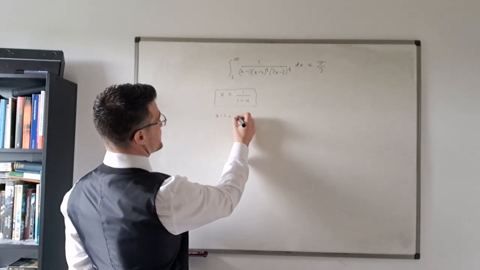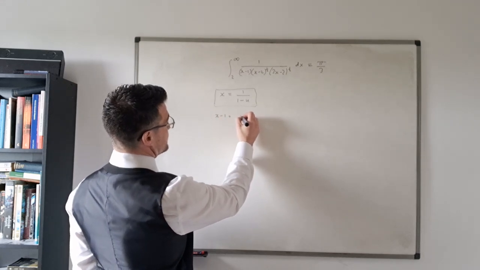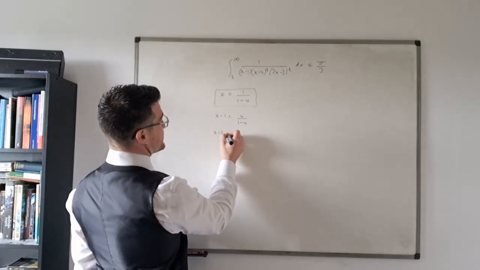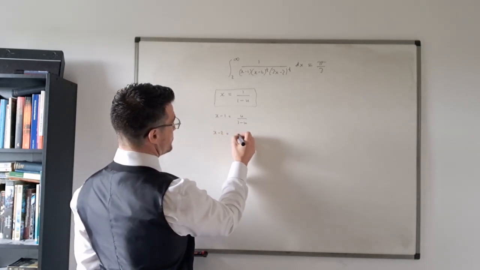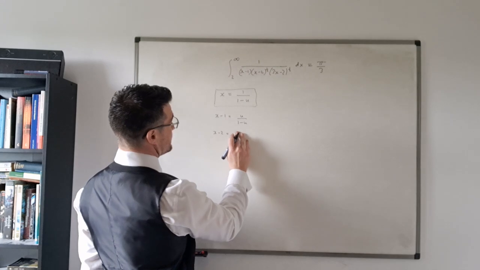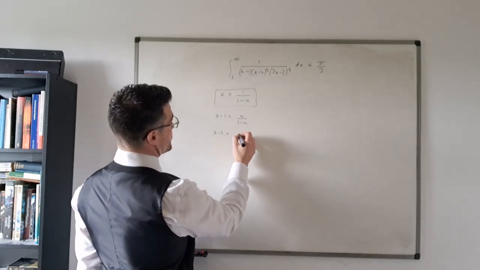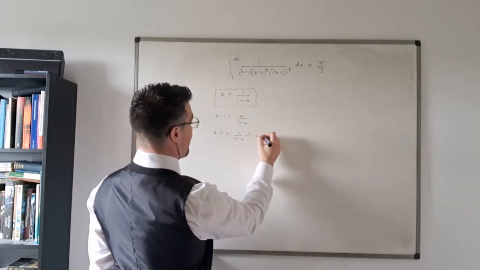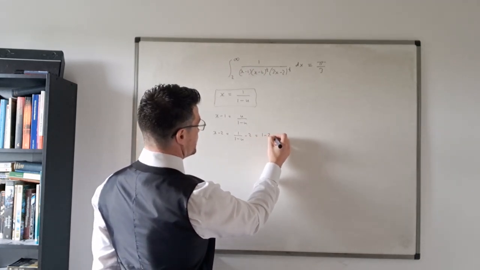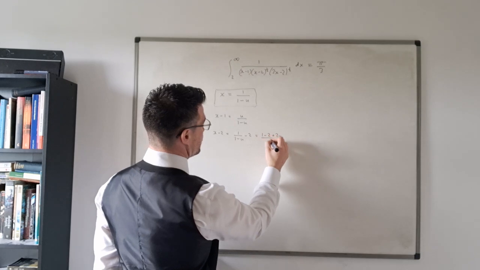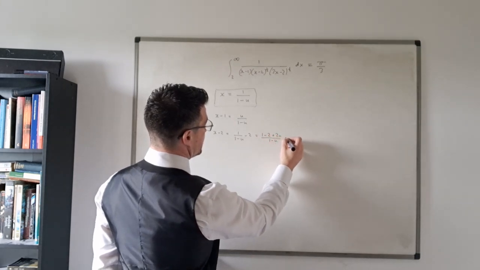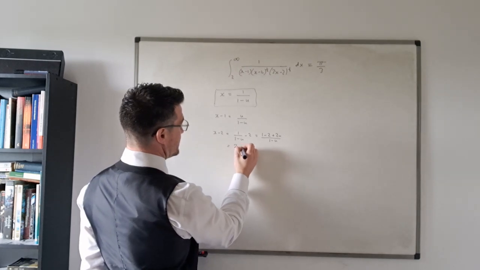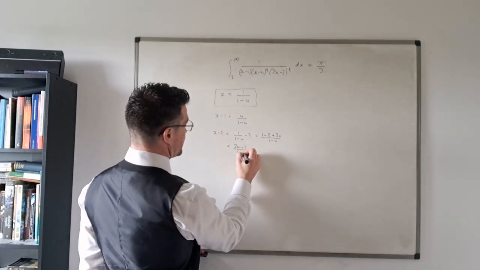So x minus 1 is going to be equal to, what is it, u over 1 minus u. And then we get x minus 2 is going to be equal to 1 over 1 minus u minus 2, which is 1 minus 2 plus 2u over 1 minus u, which is 2u minus 1 over 1 minus u.